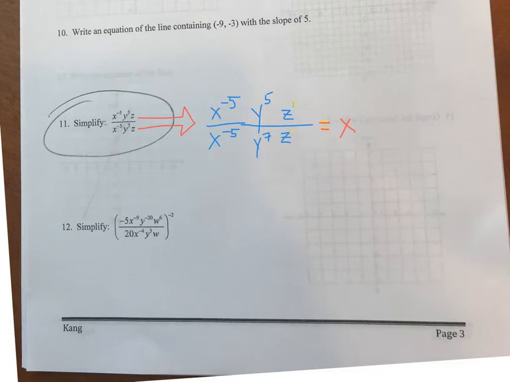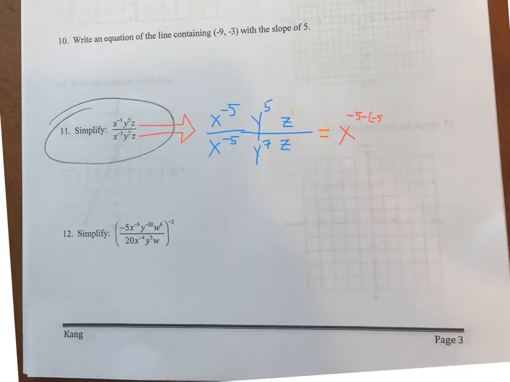You keep the variable right here, and you subtract the bottom from the top. So that's literally this. Subtracting the bottom exponent from the top exponent. Now, only by coincidence are the exponents the same, but that's what you do. You subtract the bottom exponent from the top.